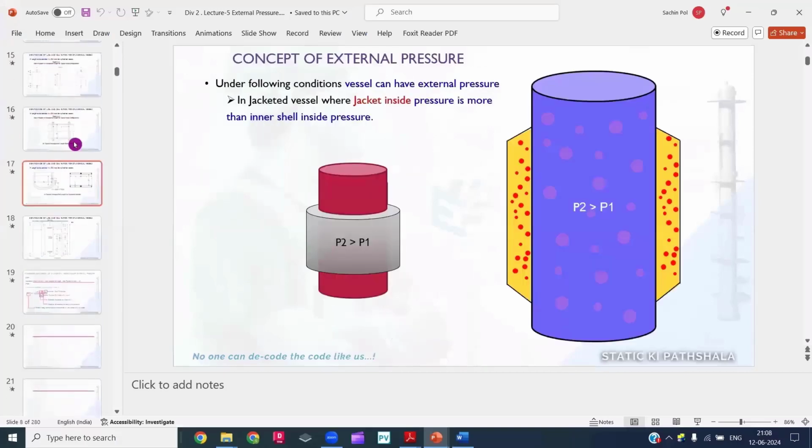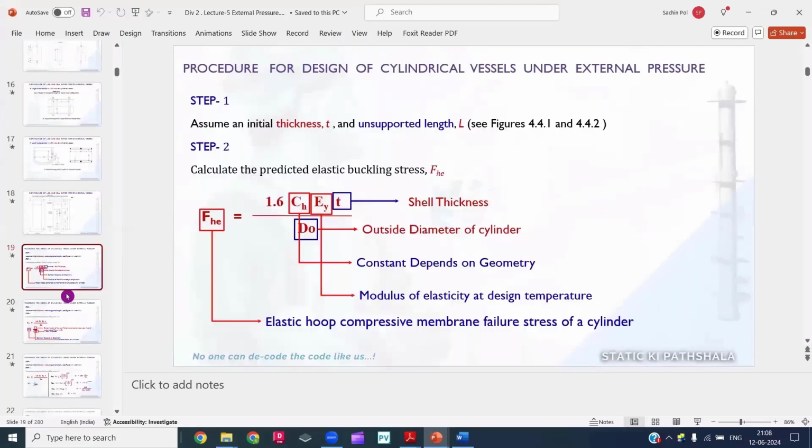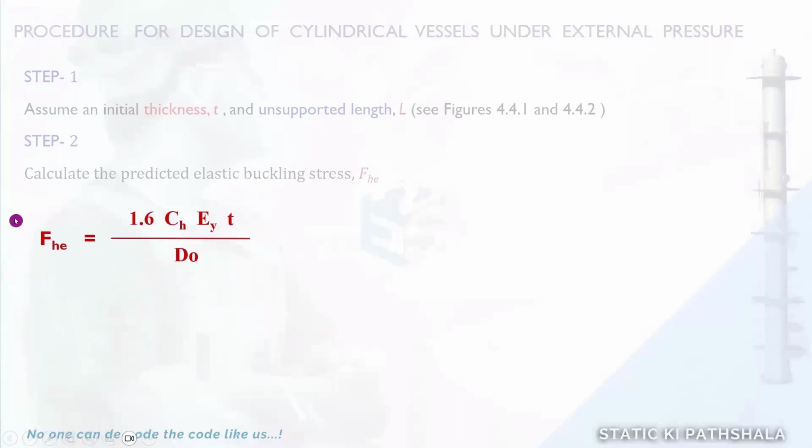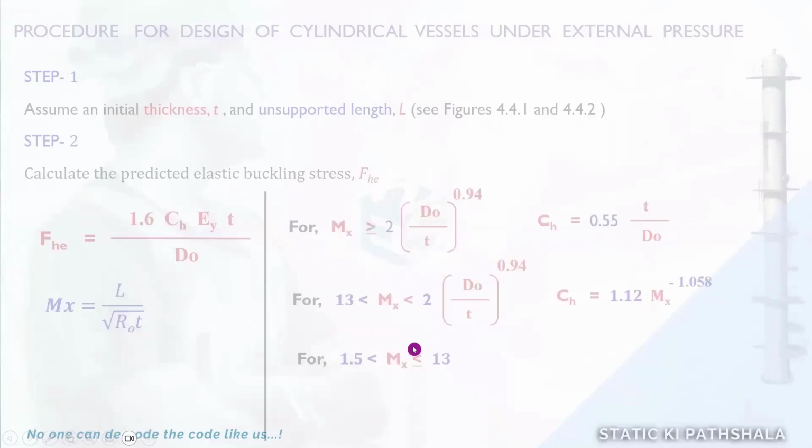All the procedures have been very nicely and in detail covered over there. Right from step number 1, you are going to see the equations, whatever we have seen, right? The elastic buckling, non-elastic buckling, how to calculate the FIC, how to calculate the variety of the geometrical parameters.